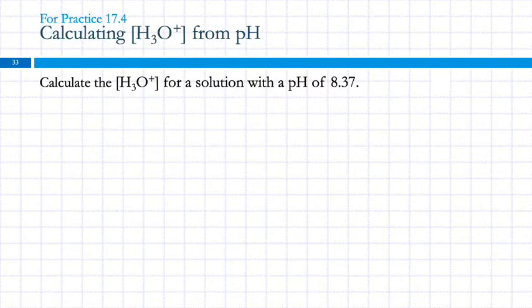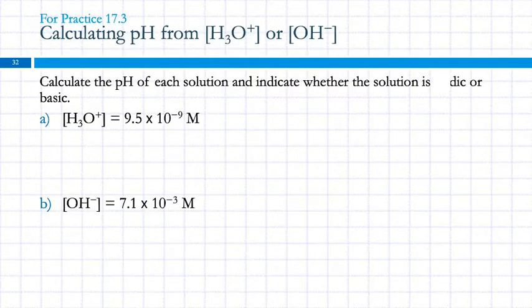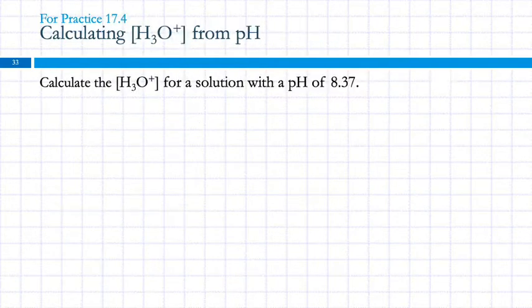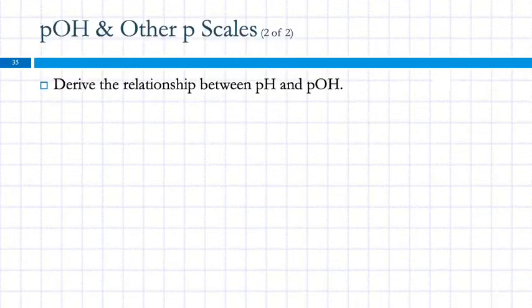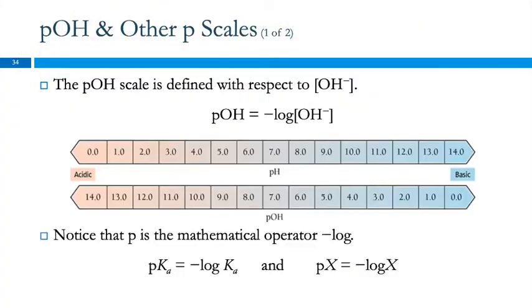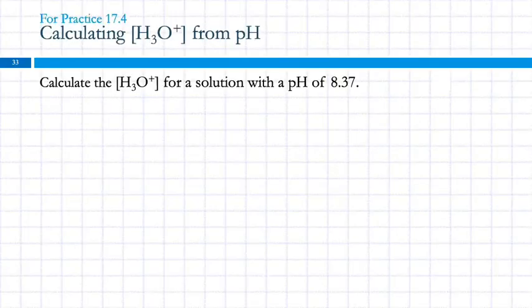Okay, calculating hydronium ion concentration from pH. Well, we know that pH is equal to negative the log of the hydronium ion concentration.